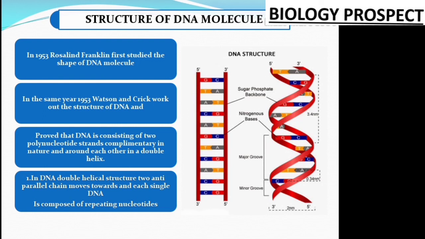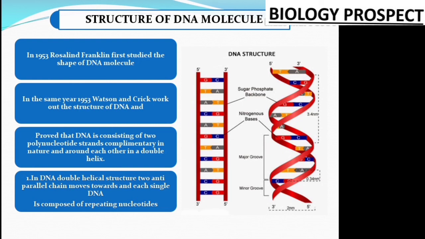The 2 helices are combined together, and numerous nucleotides are present inside the DNA helix, so it is a macromolecule. Today we learned why DNA is called a macromolecule and what components make up DNA.